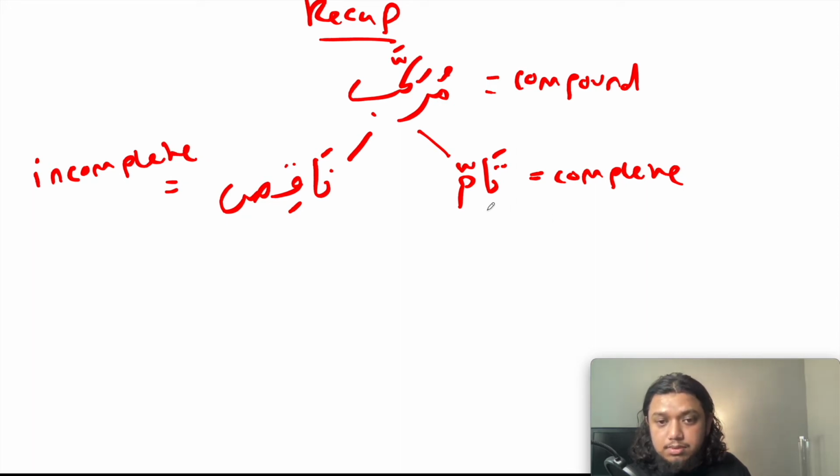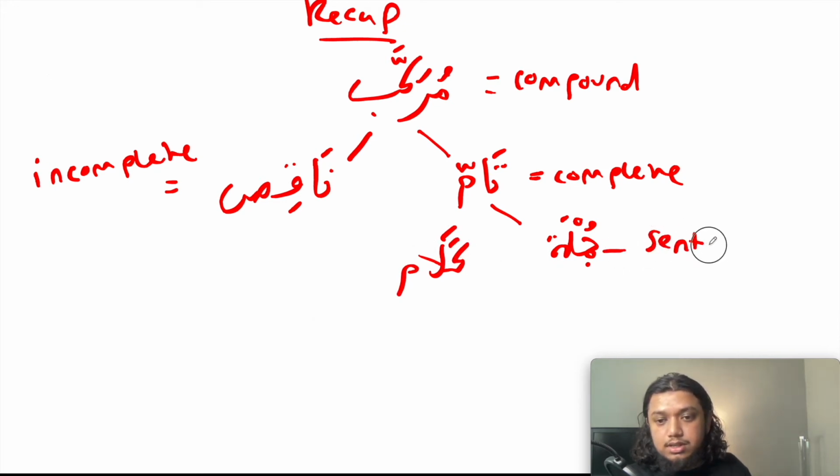Murakkab tamm is also known as jumla or kalam. Jumla means sentence and kalam means speech.